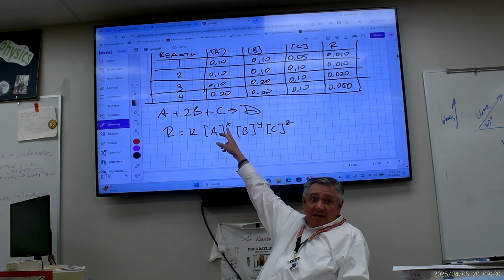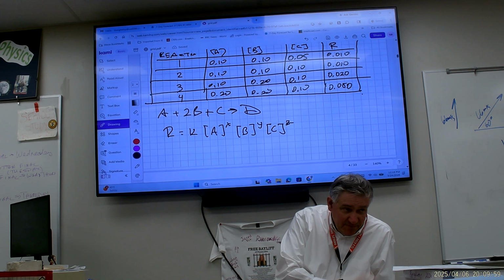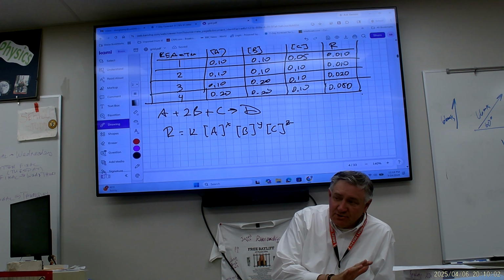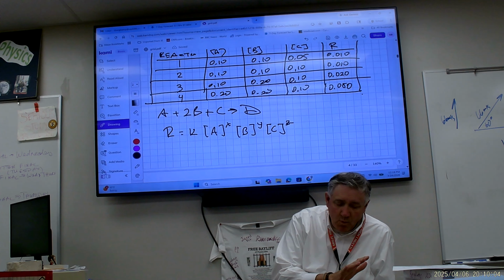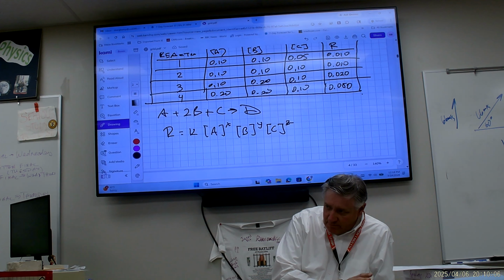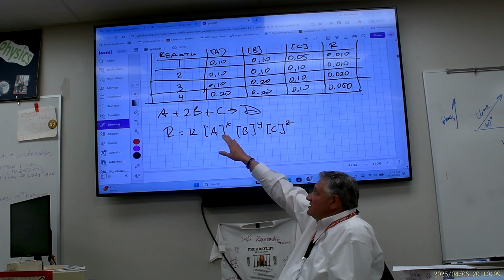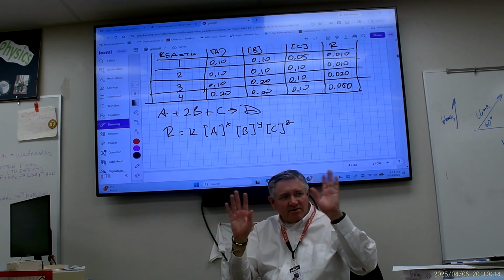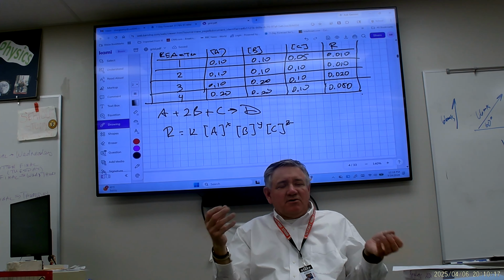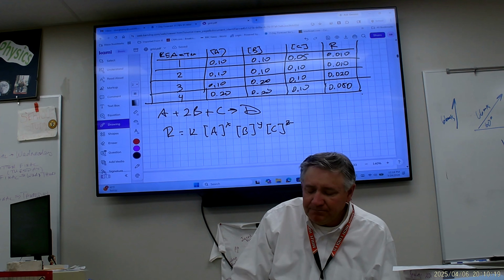Okay? So the whole point of this is that we're trying to figure out what determines the rate of the reaction. This is just some generic reaction, A plus 2B plus C yielding D. We don't know what it is. We're just going to use it as a mathematical model.